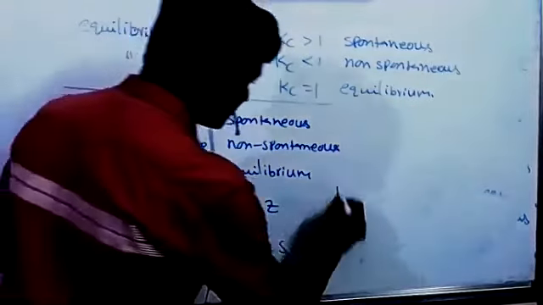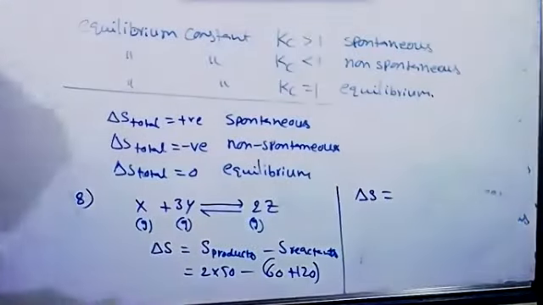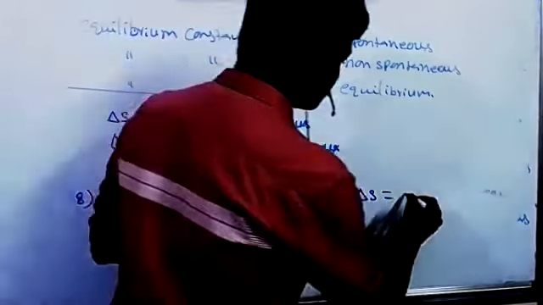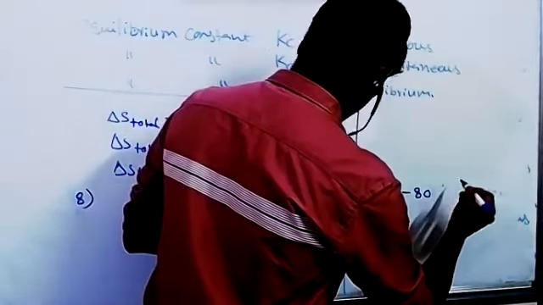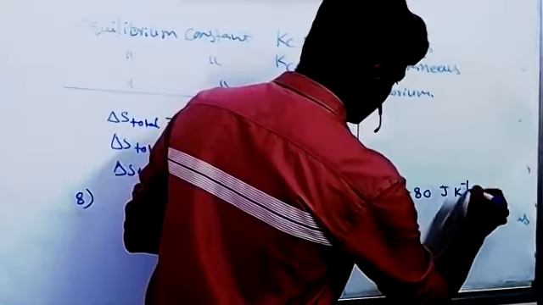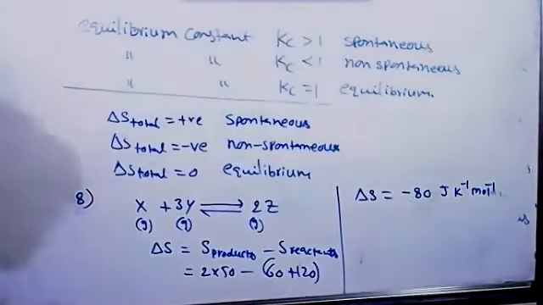So now delta S is equal to 100 minus 180, so minus 80. Delta S we got.